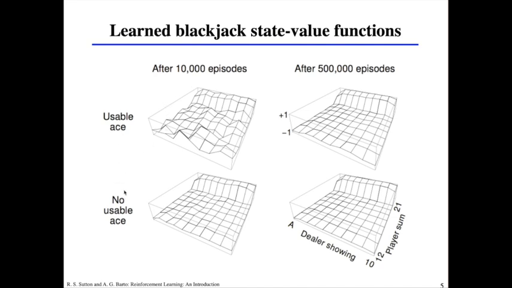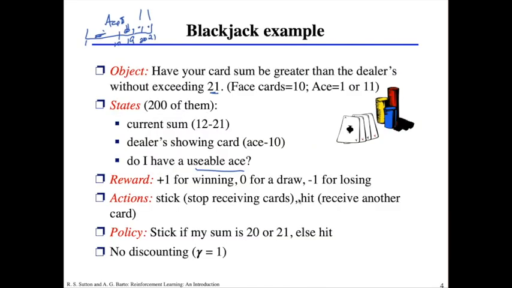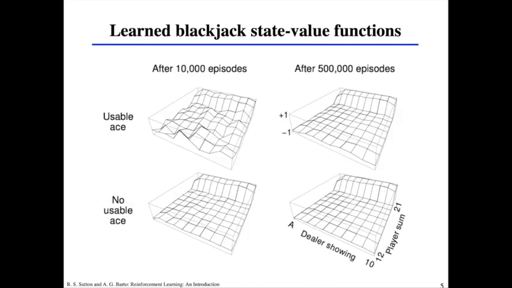There's two different scenarios, right? So it has to have a value function for whether your ace can be used as an 11 or not, right? Usable ace is whether the ace would bring you over 21 or not. At the beginning it's got this very rough estimate, and later on it gets a really good estimate.